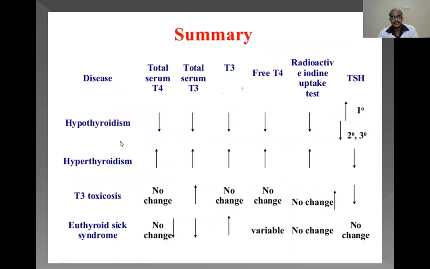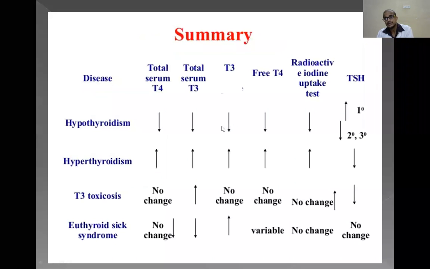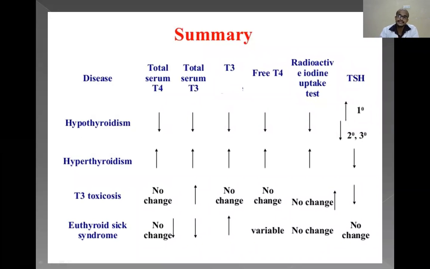So coming to the summary, in hypothyroidism, T3, T4, FT3, FT4 all are decreased, and in hyperthyroidism, T3, T4, FT3, FT4 all are increased. Okay. And coming to TSH, in hypothyroidism, the TSH will be increased in the initial stages, but in the later stages, in chronic disease, after a long time, the TSH can be decreased, because initially it will be increased to increase the T3 and T4, but finally it will be decreased.